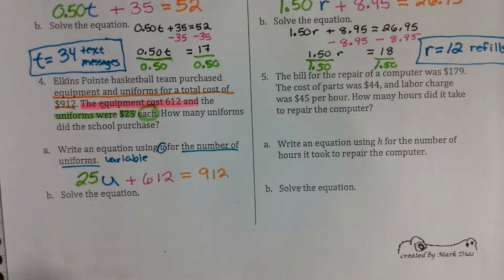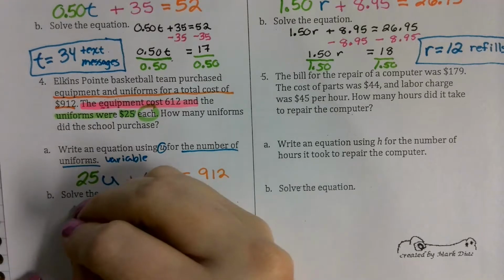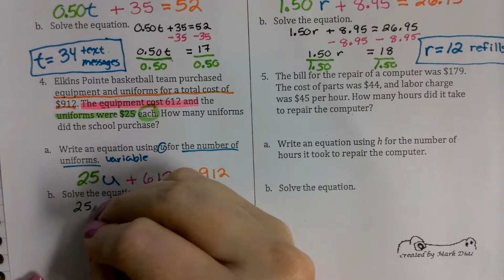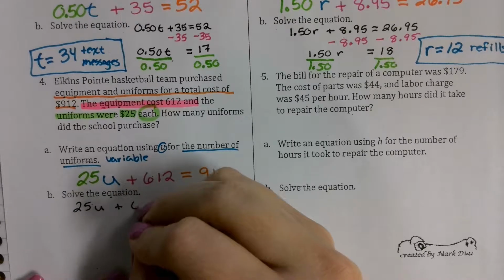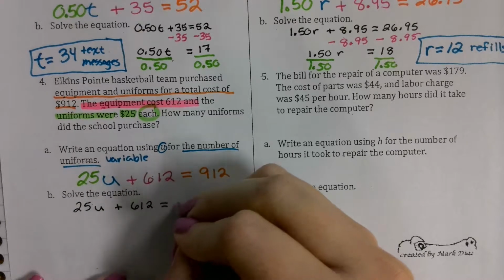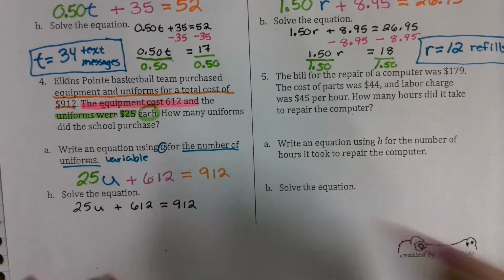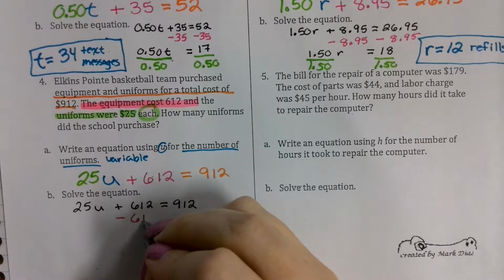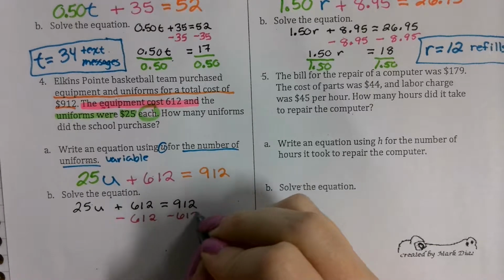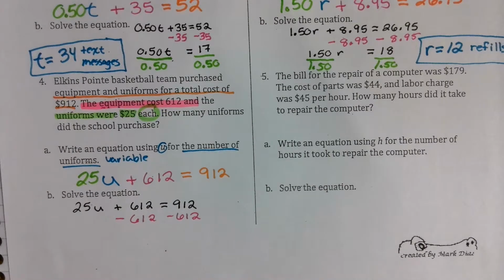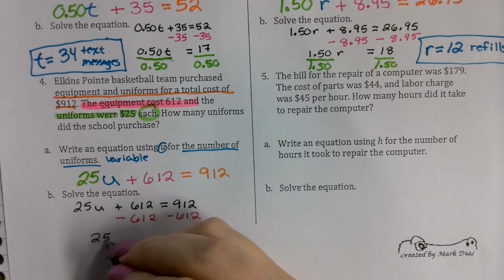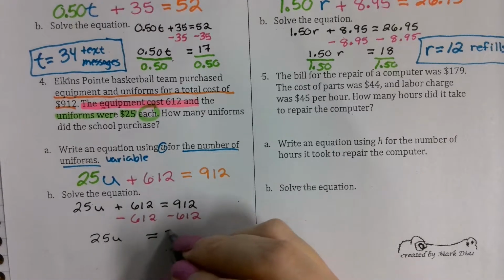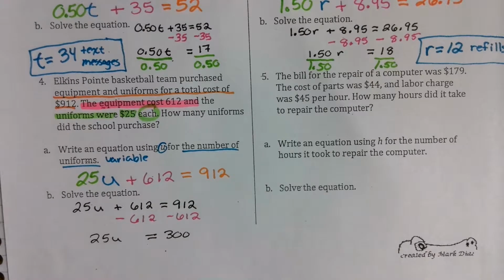So then we solve it. 25U plus 612 equals 912. What's the first inverse operation? Kingston? Subtract 612. Good. We're going to get 25U is now equal to 300.